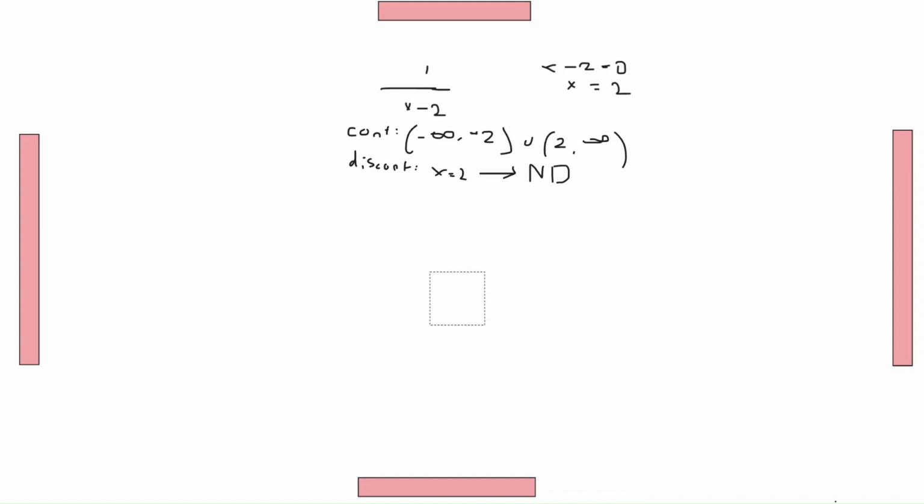But let's see if we can show the removable one in action. So if we had something like x plus 3 over, let's just say, x squared minus 9, we could rewrite this as x plus 3 over x plus 3 times x minus 3.